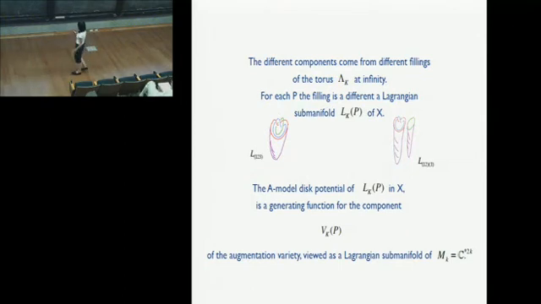So for each component of the augmentation variety, and each way of partitioning the link into sublinks, you get a different Lagrangian submanifold of X, corresponding to different ways of filling it in, where the partitions keep track of connectivity. And the A model disk potential of this filling in X is the generating function for the corresponding component of the augmentation variety.